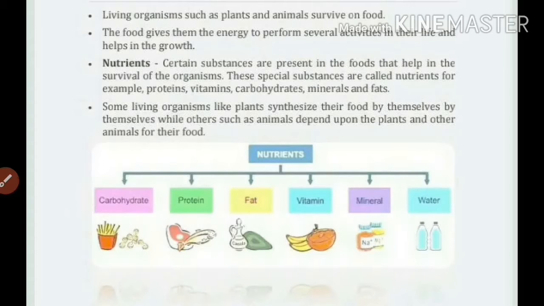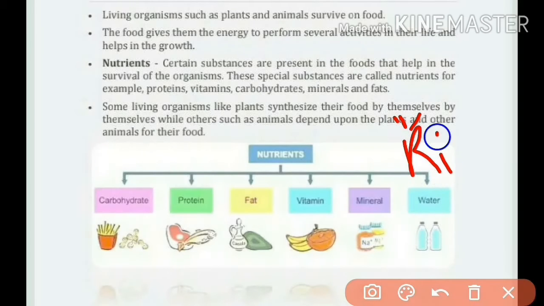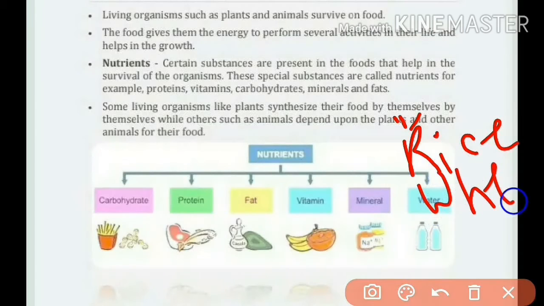So let's give some examples of carbohydrate. Some examples of carbohydrate are rice, wheat. Yes, rice, wheat, etc. There are so many carbohydrate-rich foods, I am giving only 2.